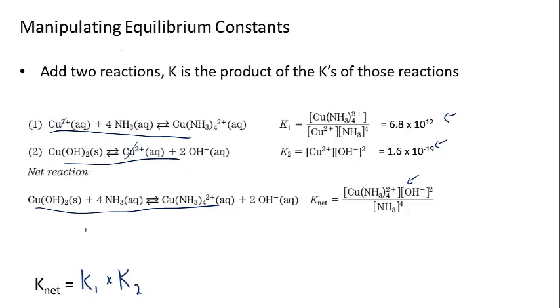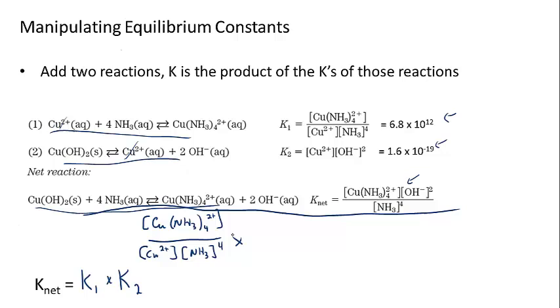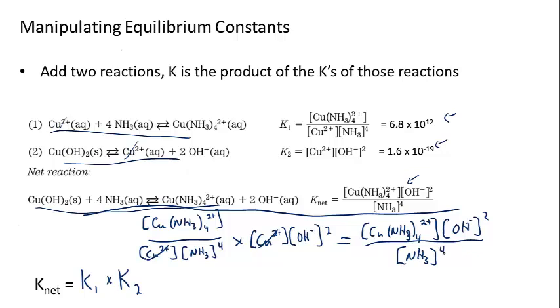Now let's see where that comes from. If we take K1 and K2, let's write out the equilibrium expression. So K1 is this, and we multiply by K2. Notice when we do that, we have a copper here and a copper here, and they cancel. And what we end up with is the same thing we have for that.